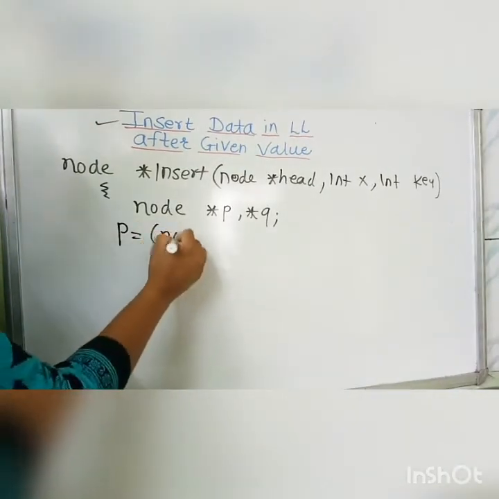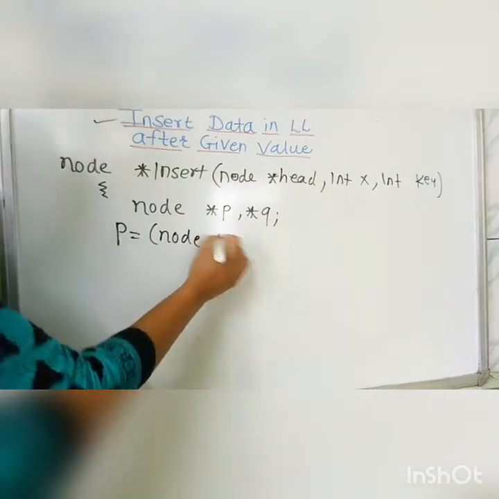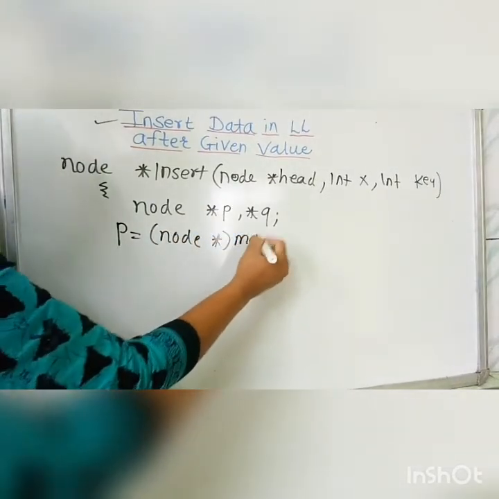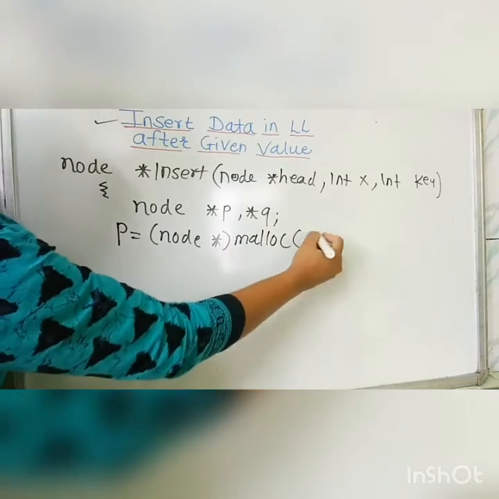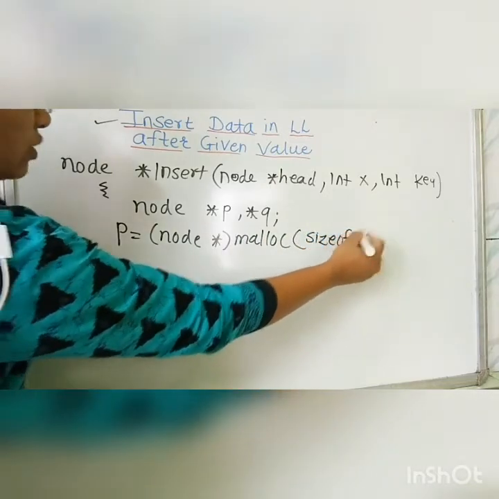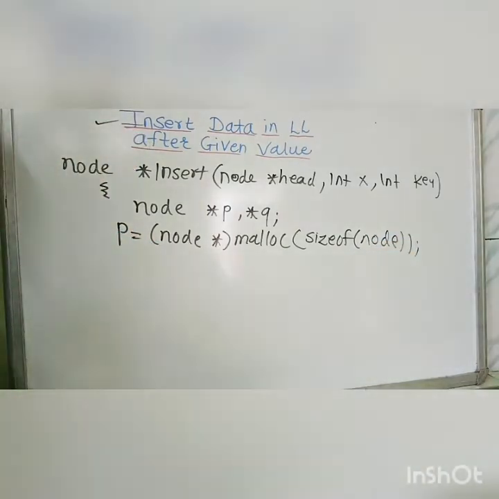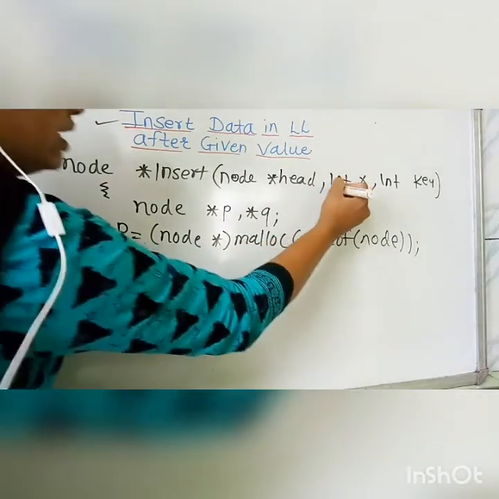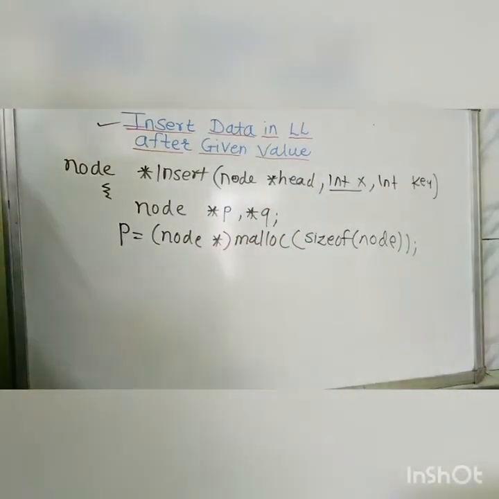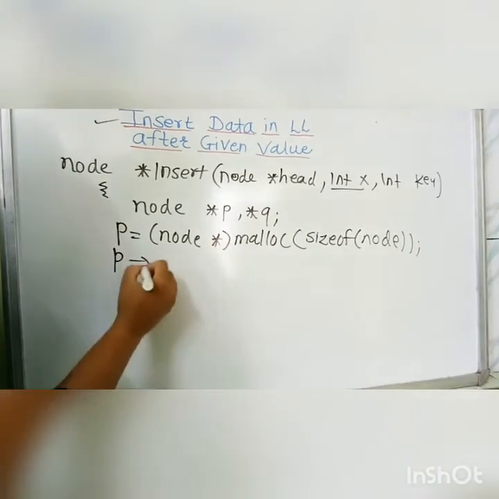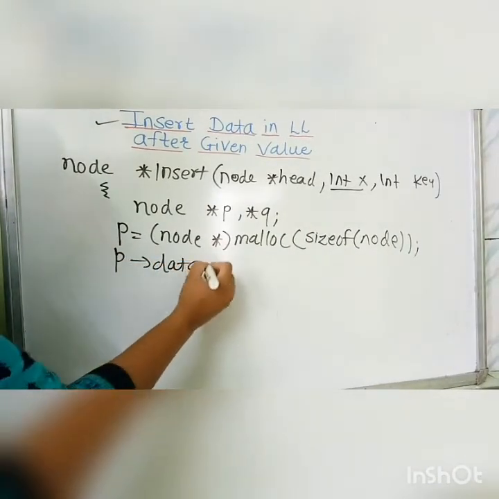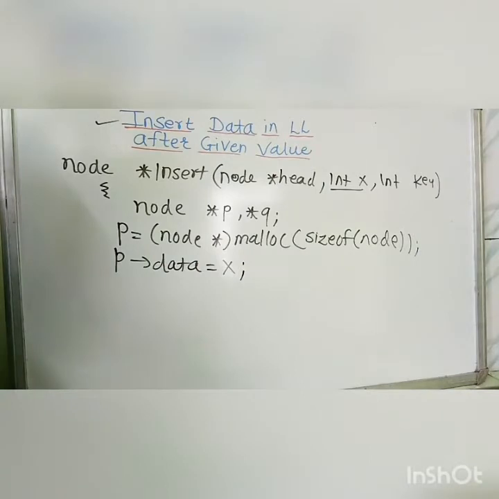So we will create memory for it, that is P equals node *malloc of size of node. Now we have to take data in it, but we received it in a parameter, so we only place it in its data part, that is P pointer data equals x.